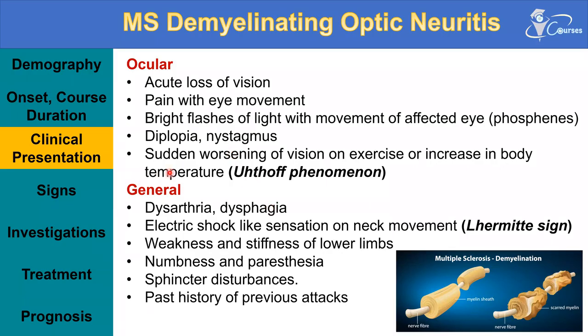The patient will have a sudden worsening of vision on exercise or increase in body temperature. This is one of the very hot clues in the question scenarios.